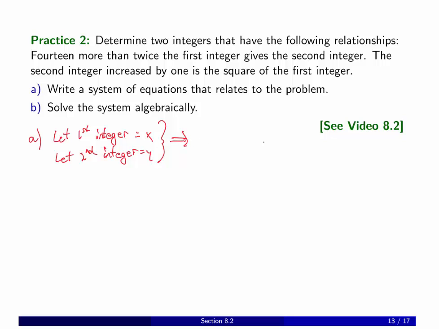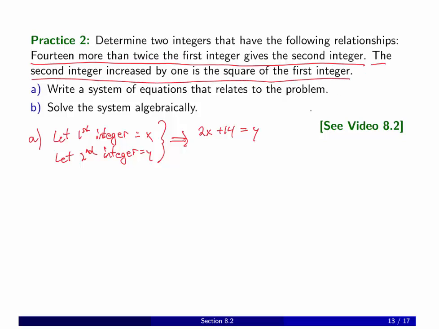That implies that, for the first relationship, 14 more than twice the first integer gives the second integer. 2 times x is twice the first, 14 more is plus 14, gives y, the second integer. Now the second integer increased by 1 is the square of the first integer. So the second integer increased by 1, y plus 1, is the square of the first integer, x squared.